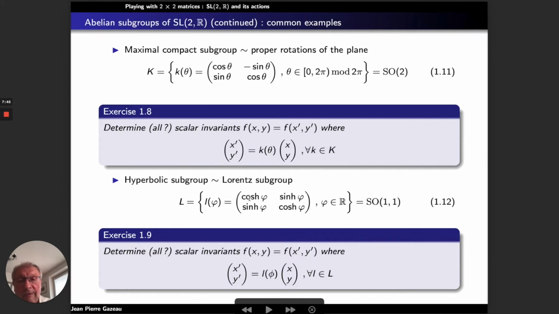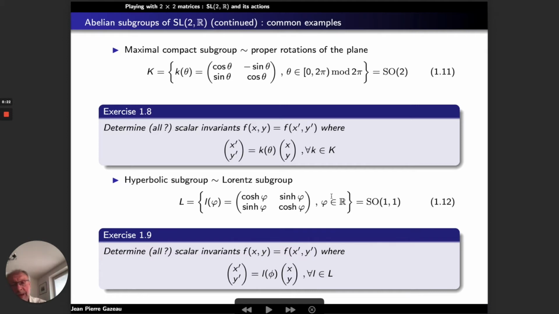And here you have the following symmetric matrix: cosh phi on the diagonal, sinh phi on the anti-diagonal, where I introduce the hyperbolic functions, cosine hyperbolic and sine hyperbolic. And this group, which I called L, is also isomorphic to the group SO(1,1).